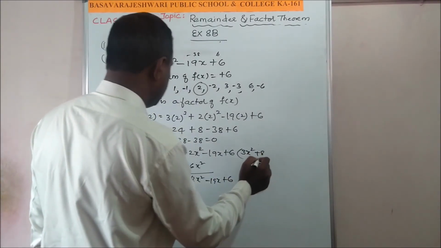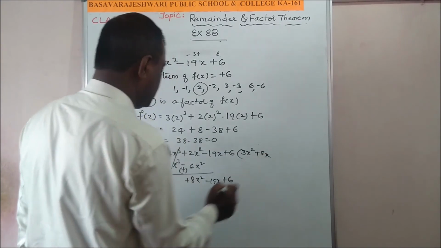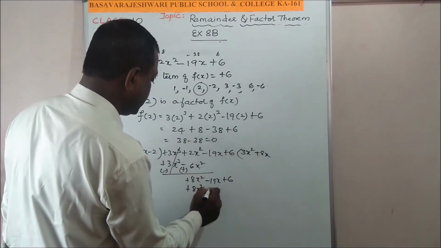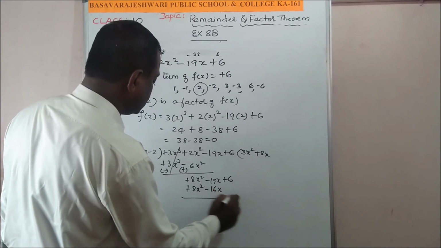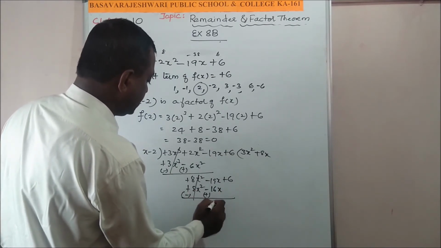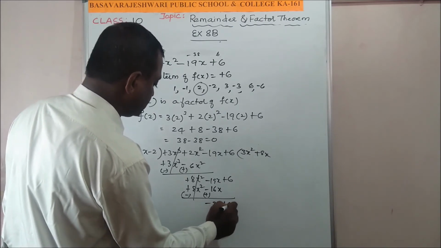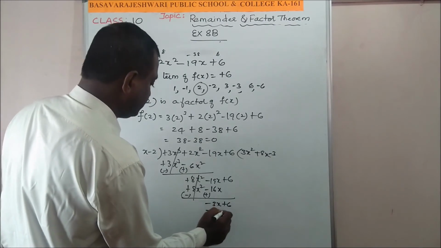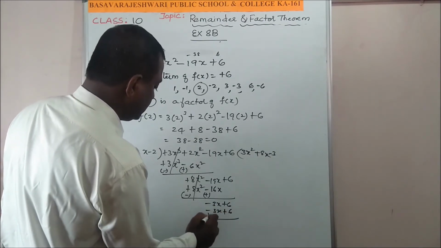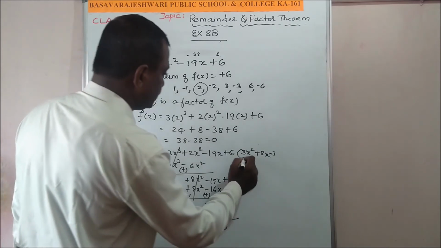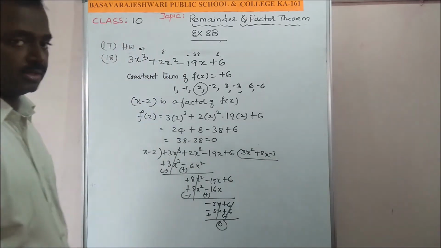Again plus 8x, 8x square minus into plus minus 16x. So cancels, minus 19 plus 16 is minus 3x plus 6. Minus 3x, minus into minus plus 6. Here plus, here minus. Cancels, 0. So this is the quadratic equation we got.